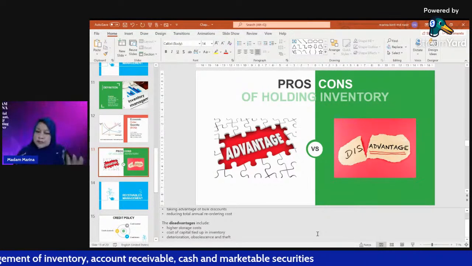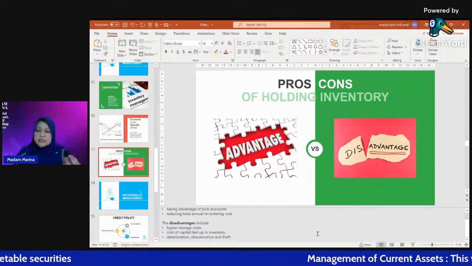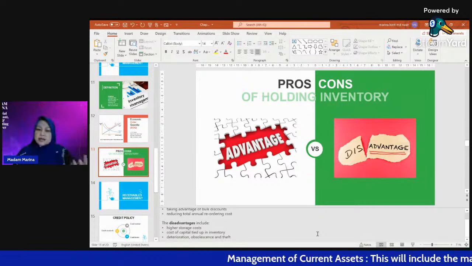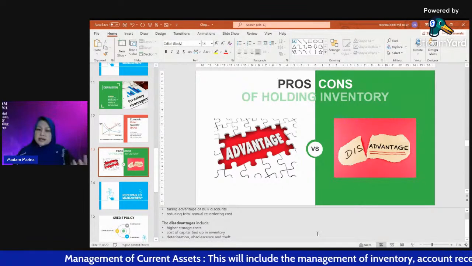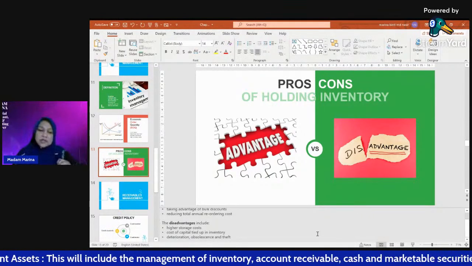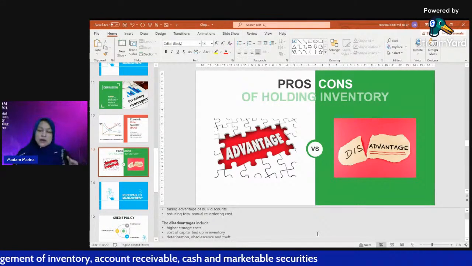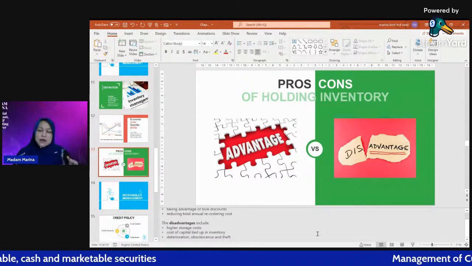Deterioration and obsolescence are risks that we have to face because we hold a high level of inventory. Maybe the inventory can get damaged, or maybe the inventory becomes outdated.